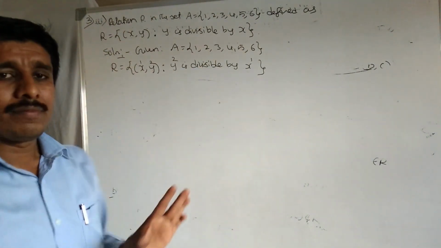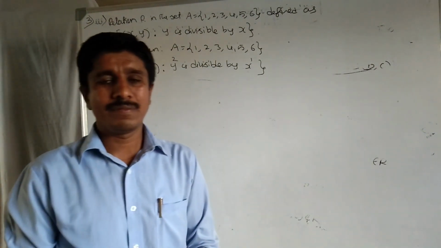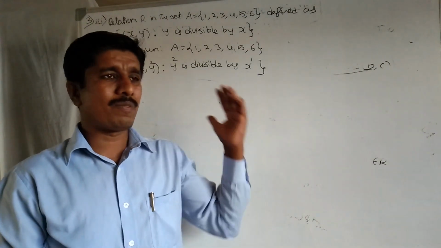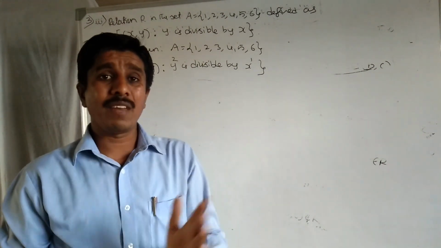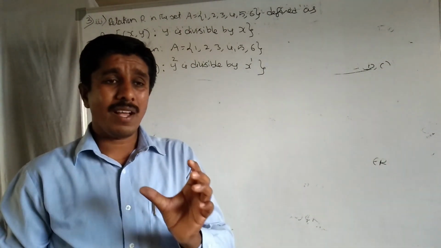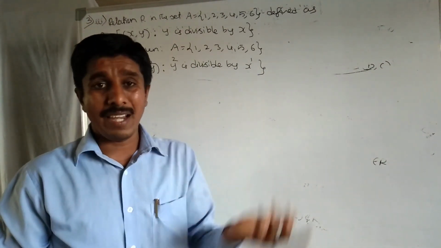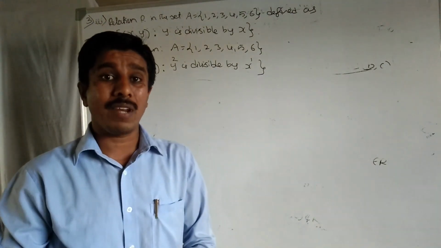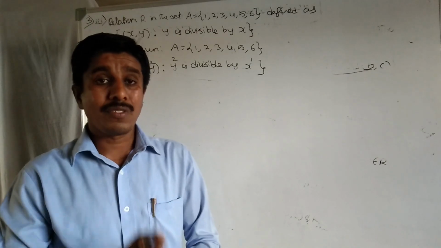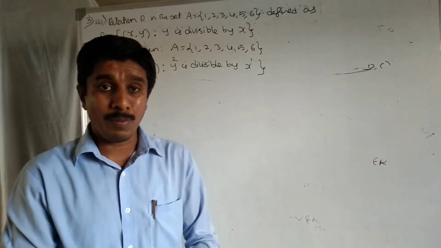Here I am doing the direct method. Mind it. We can do this method also. Mind it. In these relations, be careful to listen here, because in some problems we can find the relation. In some problems we cannot write the relation, because that may contain an infinite number of pairs like that. So mind it. Here I am doing the alternative method.